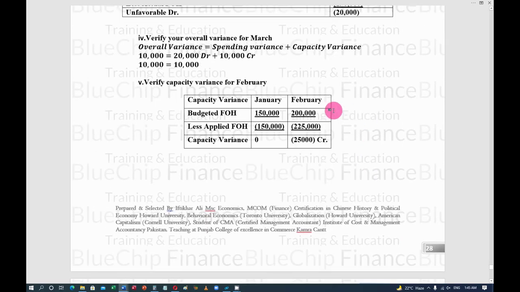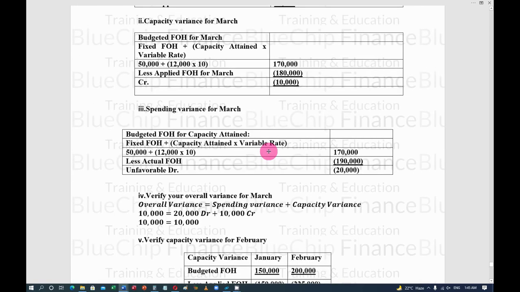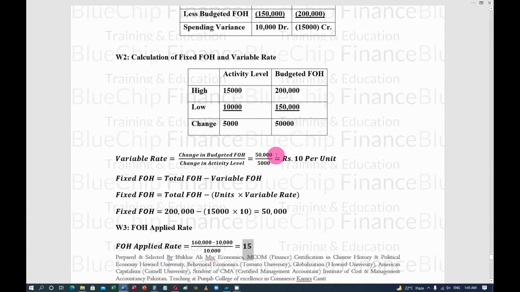So 2 lakh and 150,000 are the budgeted FOH, less the applied FOH for these two months. Applied FOH, as you know, equals capacity attained multiplied by the FOH applied rate or absorption rate. The FOH applied rate we already calculated is 15, and capacity attained in February is 15,000.